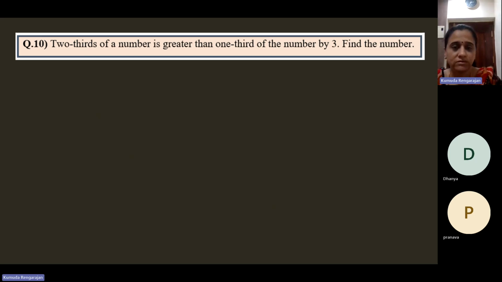2/3 of a number is greater than 1/3 of the number by 3. Is greater than, is less than, is more than: for all this, to construct the equation, it is the bigger number minus the smaller number is equal to the difference.